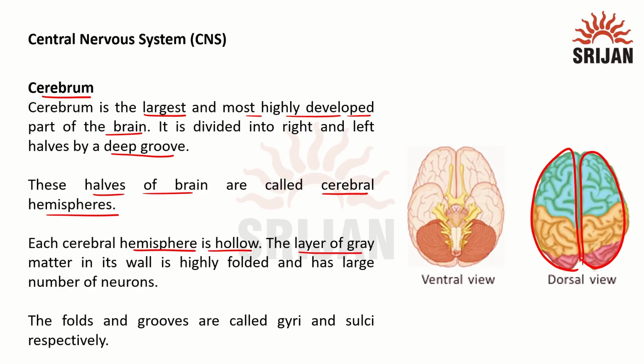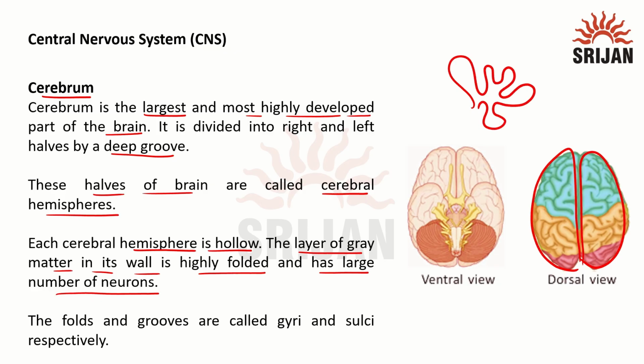The layer of gray matter in its wall is highly folded and has a large number of neurons. If I have foldings like this, the surface area is more, so the structures that can be accommodated will be more. That is why we have high foldings in the cerebrum. The folds and grooves are called gyri and sulci respectively.